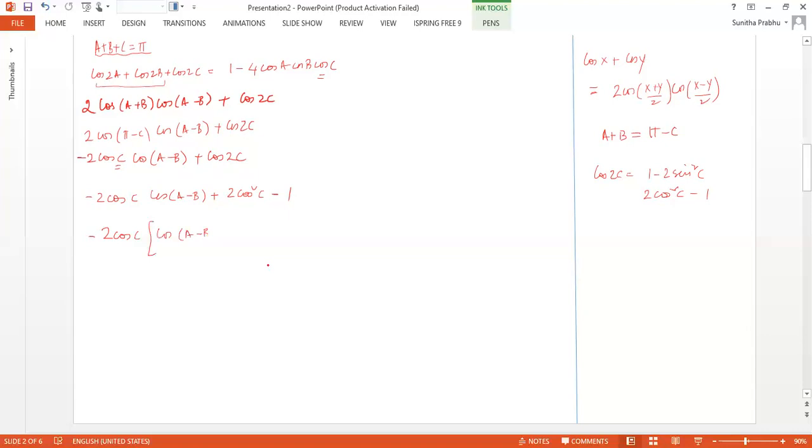Correct? Won't it be 2 cos square 2c minus 1? Why did we get this? Is that an identity? Yes, it is an identity. All the identities before I use, I'm going to write it here.